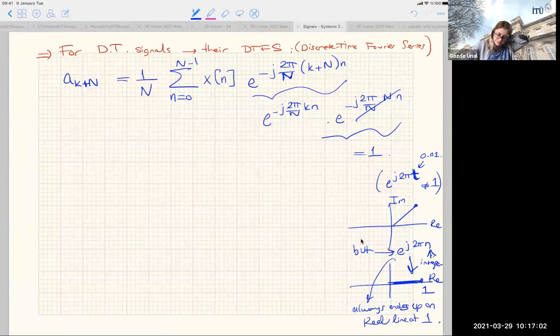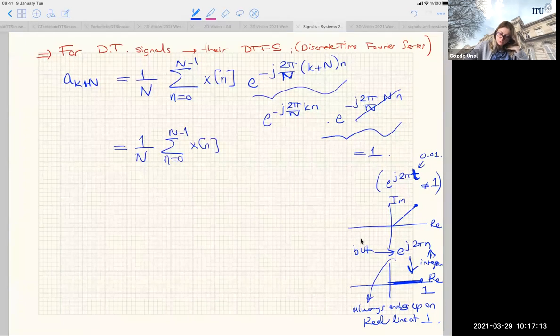And you see, we have this equal to exactly the same expression as before, e to the minus j 2 pi over N kn. This is really equal to ak.